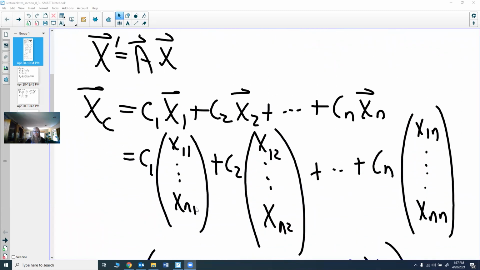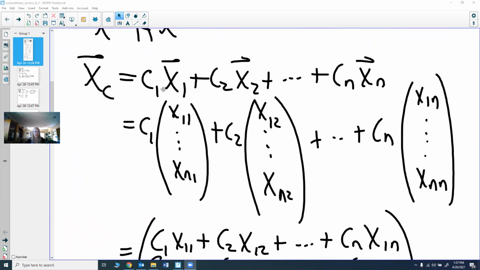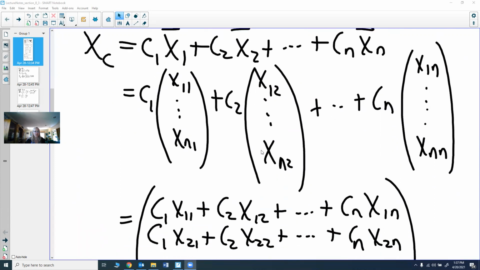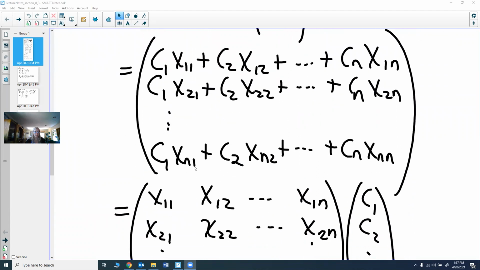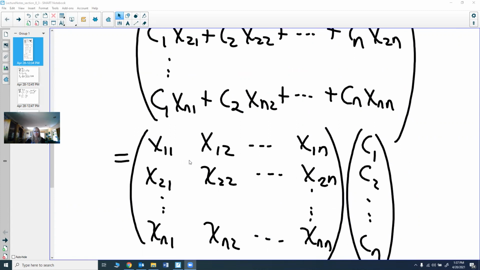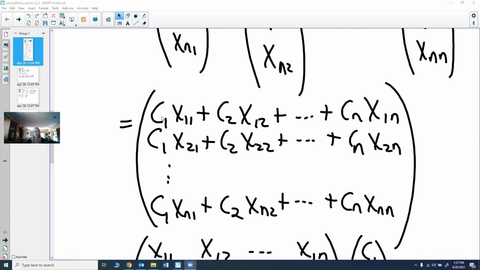Once you have that solution, and the solution would be C1x1 plus C2x2 all the way through, you get this nice little matrix you can make up with these. You can think of these as multiplication, because that's really what it is. You've got some constants times your x's.